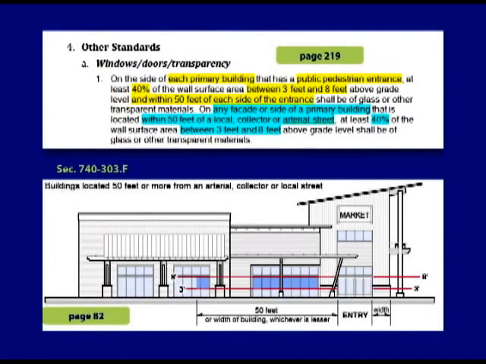And it says on each primary building that has a public pedestrian entrance, so that's not your fire escapes or anything like that, a public pedestrian entrance shall have 40% of the wall surface area be transparent.